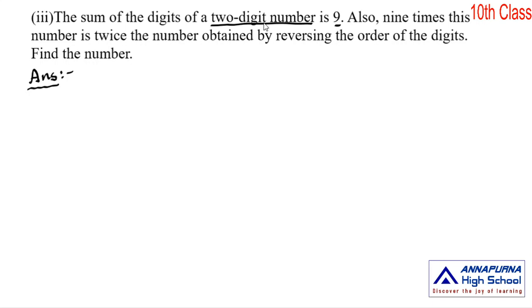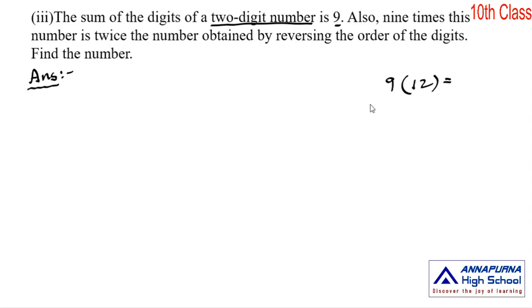For example, here I am taking only one example. It's not a correct answer. For example, if the two-digit number is 12, 9 times this number means 12 into 9, which should equal twice the number obtained by reversing the order of the digits.